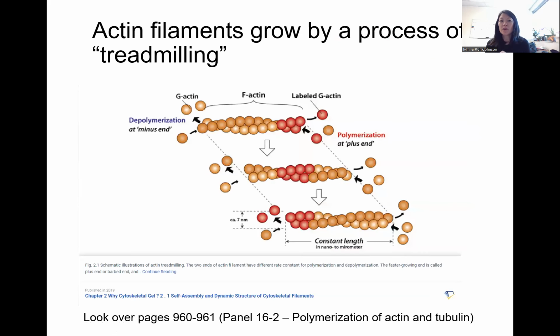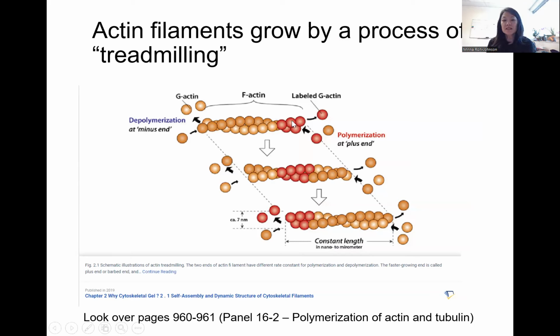So growing and shrinking: when you look at an actin filament, it is constantly undergoing treadmilling. What treadmilling is like is, when you're on a treadmill and you're running, you're not really going anywhere, but the thing under you keeps moving, right?